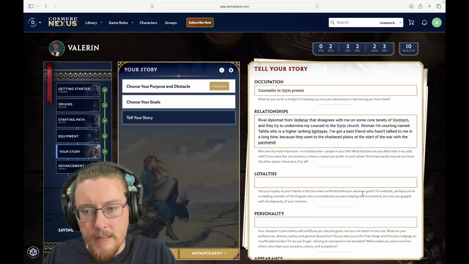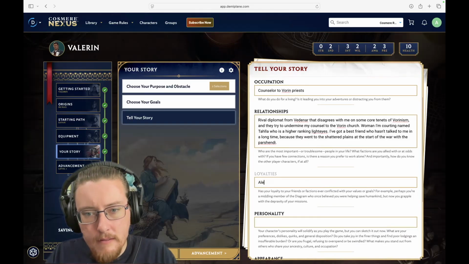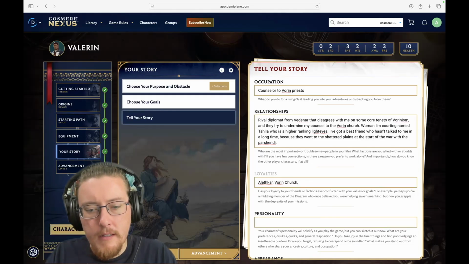Okay, loyalties. I am loyal to Alethkar, of Orange Church. I'm also going to be loyal to the High Prince Sedvariel, right?